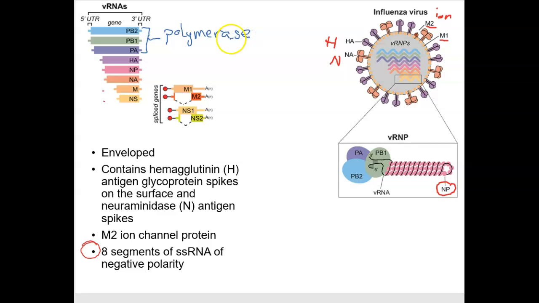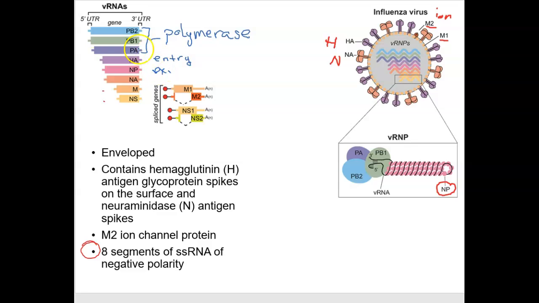They're involved in cap snatching, and they're involved in making more RNAs, making messenger RNAs and making more genomes. You know that hemagglutinin is going to be responsible for entry. You know neuraminidase is going to be responsible for exit.